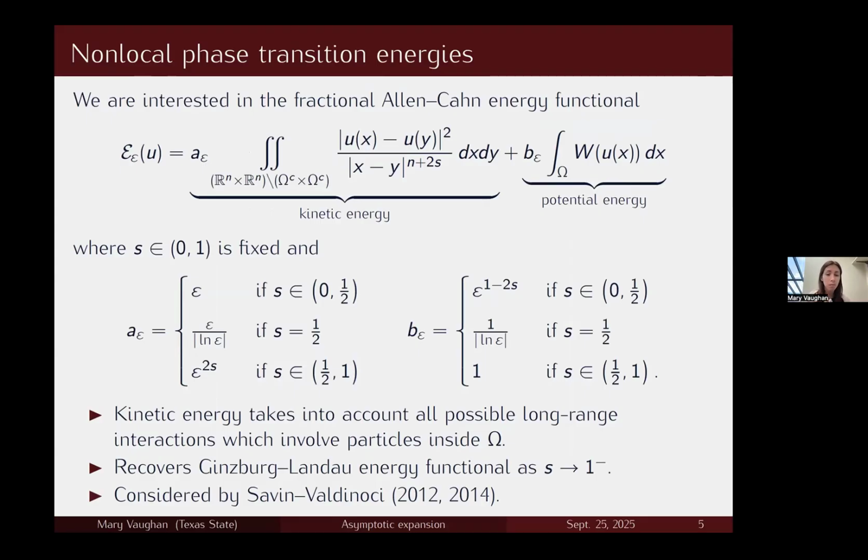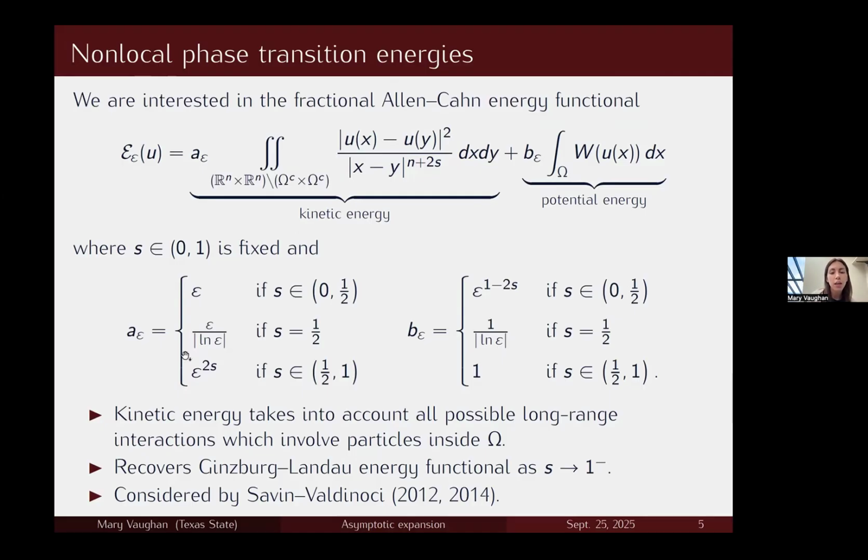Okay, so that's the kinetic energy, and we call it fractional because we have this parameter s here that ranges from 0 to 1. As s goes to 1, this energy converges to the classical Ginzburg-Landau energy functional.